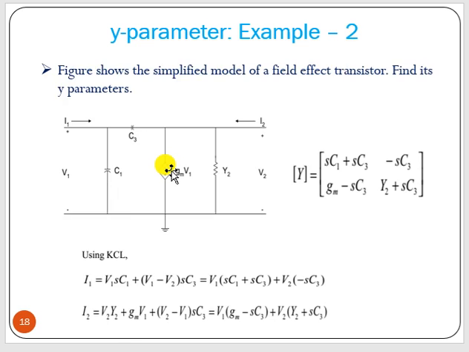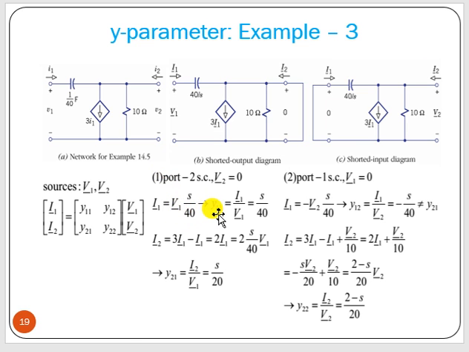So we got the Y11 value as I1 by V1 equal to S by 40. Now I2 equal to what? Nothing but 3I1, this current, minus I1. I1 plus I2 equal to 3I1. So I2 equal to 3I1 minus I1, so that is 2I1. I1 we already know.